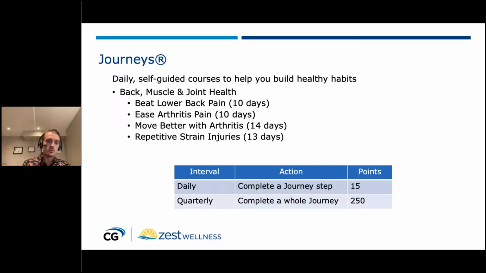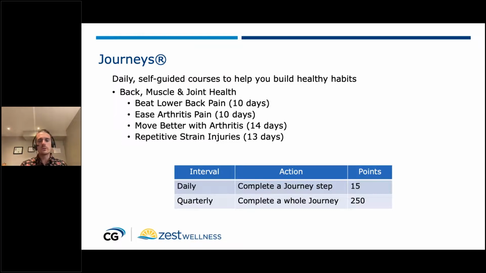Again, that's in addition to each of those daily points across that whole duration. As a bonus, you get the 250 points for completing a whole journey. But it's amazing how there's a number of topics on something like pain management for back, muscle, and joint health. So some great resources from Journeys right there for you to think about.